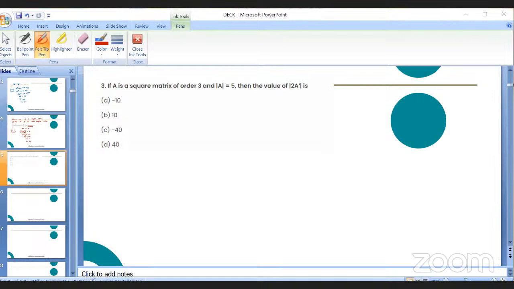What is that property? First of all, in matrices you have learned, if you have K into A transpose matrix, it is same as K into A transpose. This is about matrices.